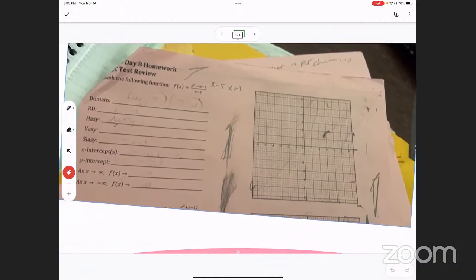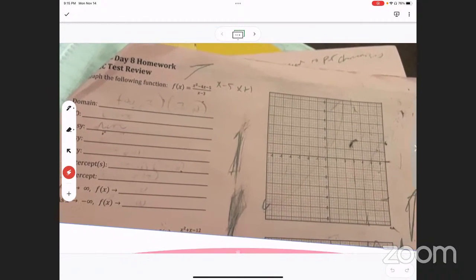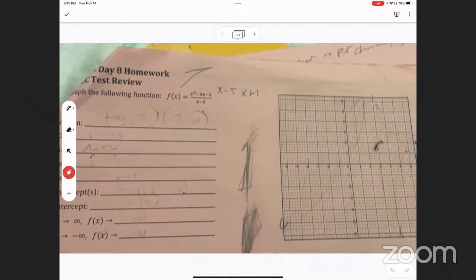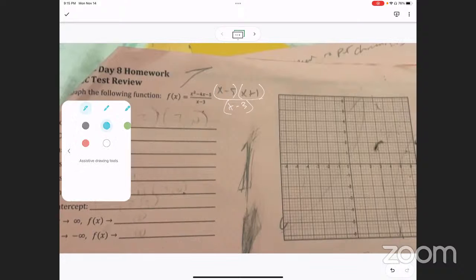This one says graph the function. So for this, you want to factor, always factor it first. So you've done that. It's x minus 5 and x plus 1 all over x minus 3. So the x minus 3 gives you your vertical asymptote. I'll color code this.